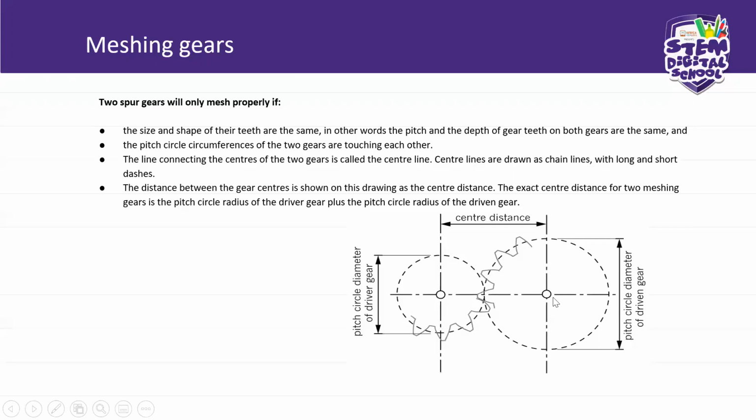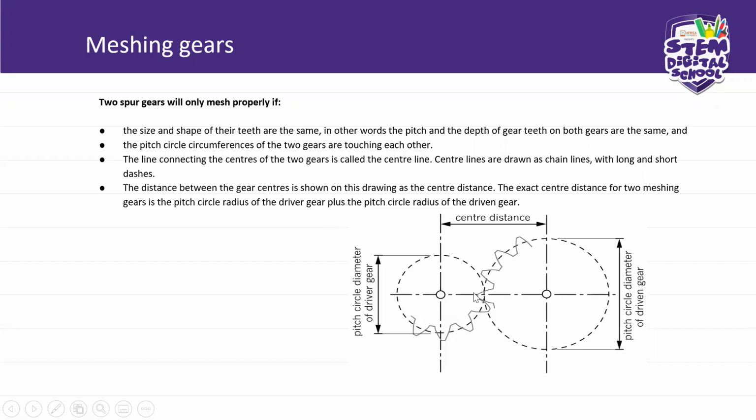So anybody who will be assessing your drawing will check if you used the correct conventions for drawing this. So when we draw a center line, we use this chain line with long and short dashes. The distance between the gear centers is shown on this drawing as the center distance.